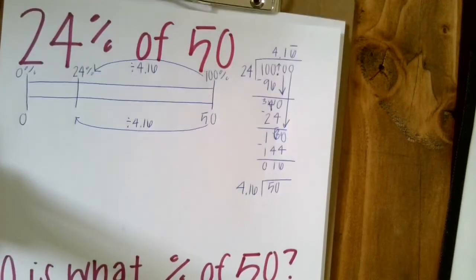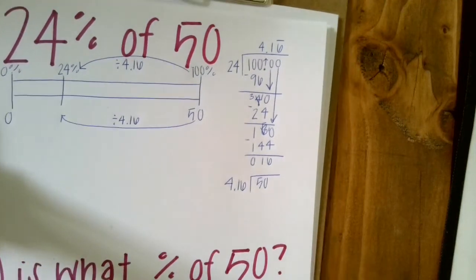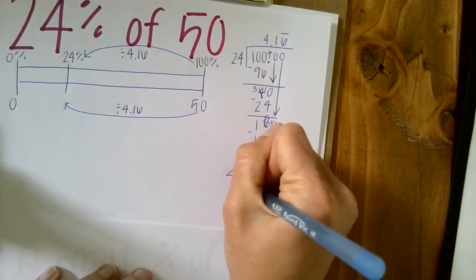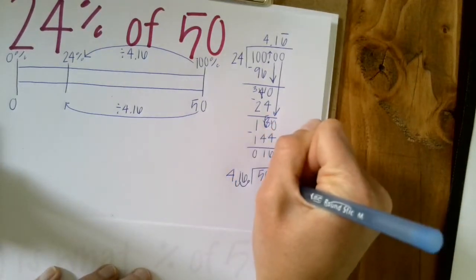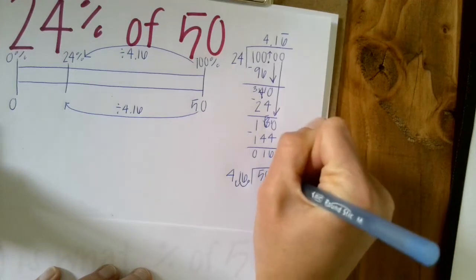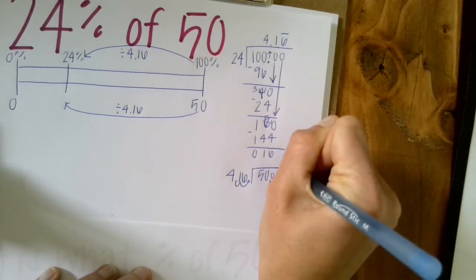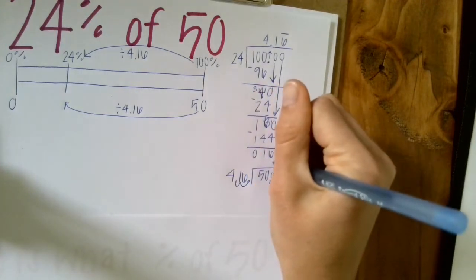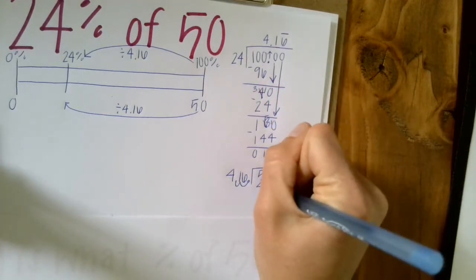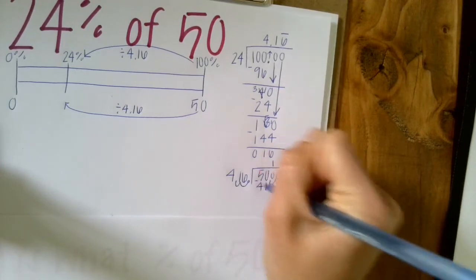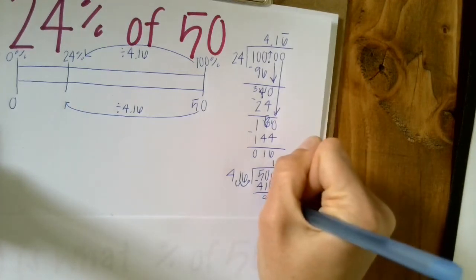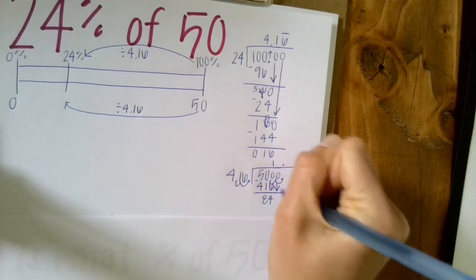If you watched my previous video, then you know that at this point in time, we need to take our decimal, move it twice, then move it twice, add my zeros, and bring it up. So 416 can go into 500 one time. And then I'm going to subtract it. So 84, bring down my 0.